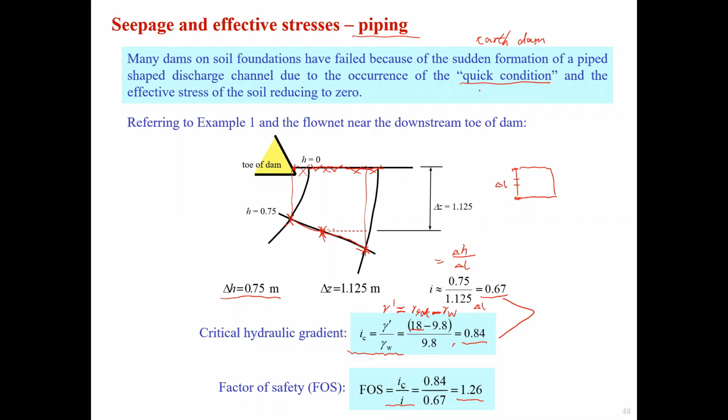If this ratio equals 1, it's on the verge of the quick condition. If this is less than 1, the piping has already occurred. So if the gradient calculated from the flow net is greater than the critical gradient, the piping has already occurred.